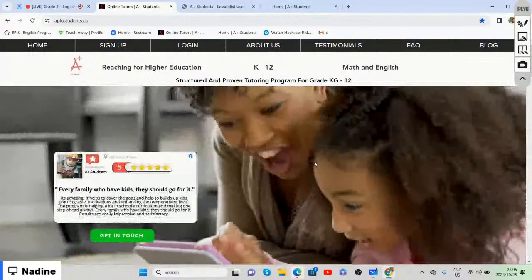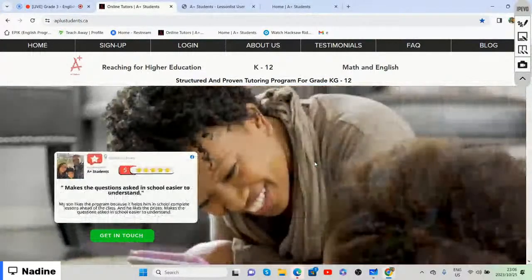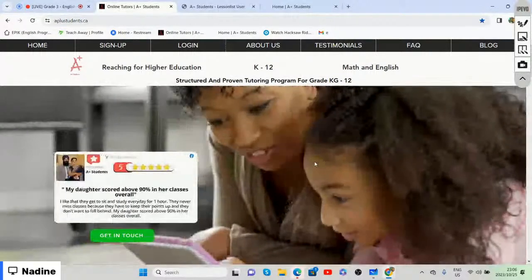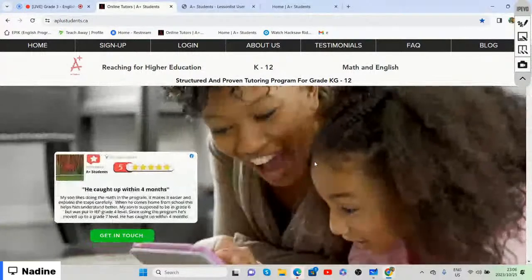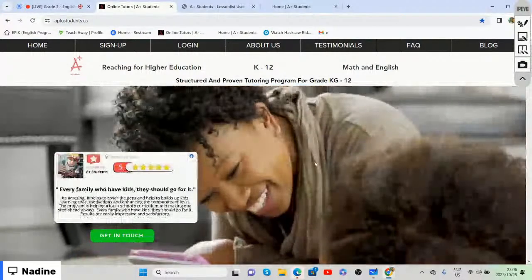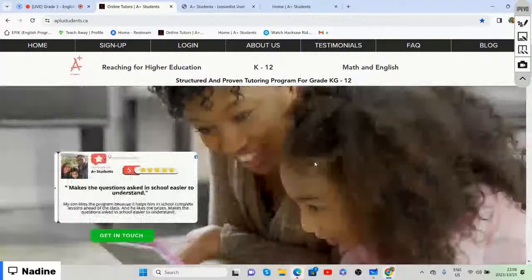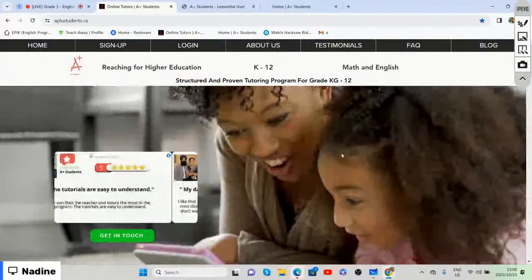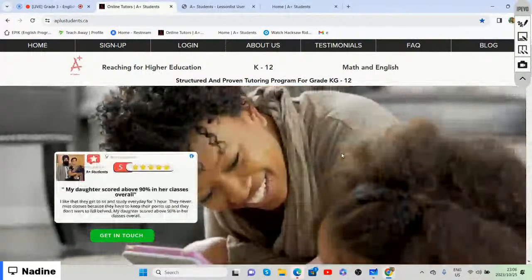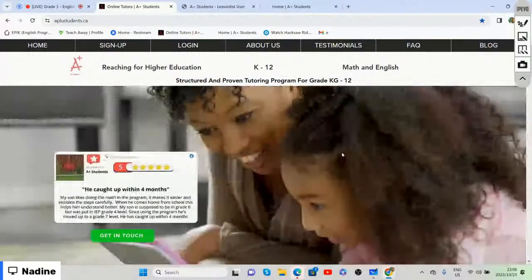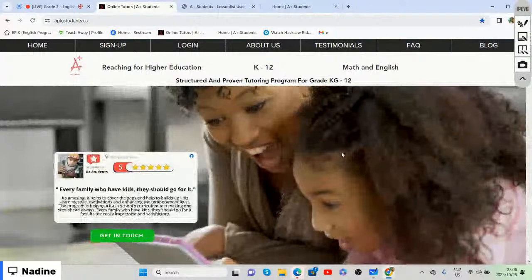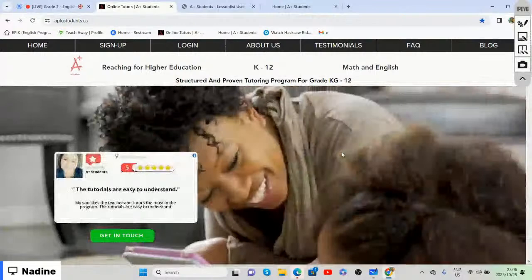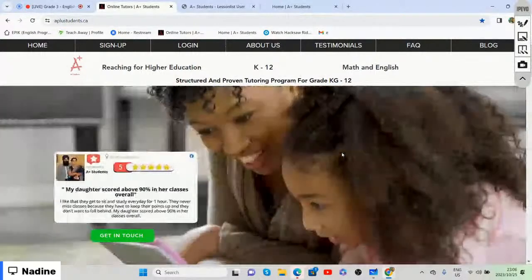So before we start, we are going to log into aplusstudents.ca. Once you've logged in with your username as well as your password, you're going to select the subject of language arts, and then select grade 3.